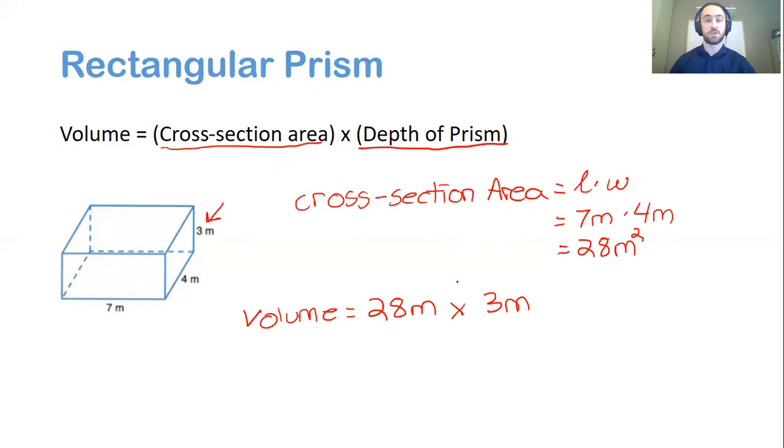Because area is meters squared. We don't want to forget that. Doing out the multiplication, we get a volume of 84 meters cubed. So with area, our units are always squared, right? With volume, our units are always cubed because now we're looking in 3 dimensions.